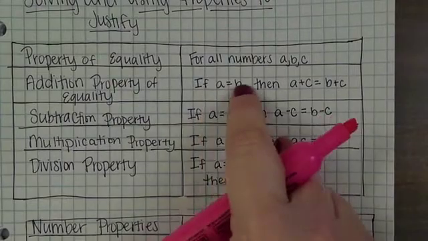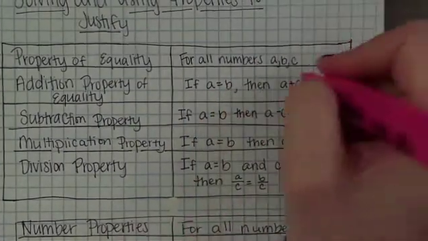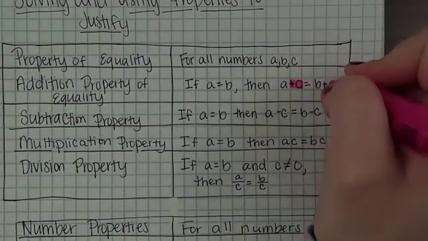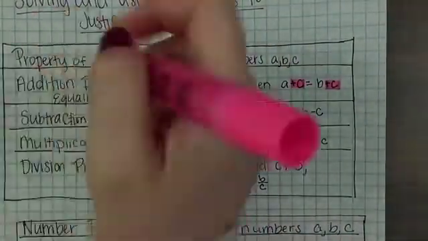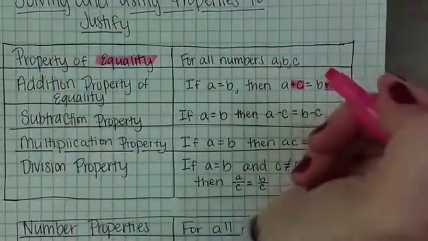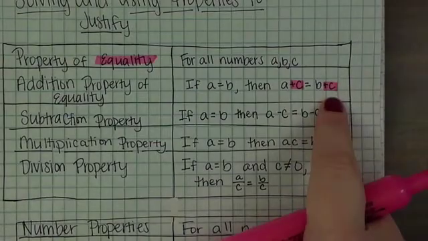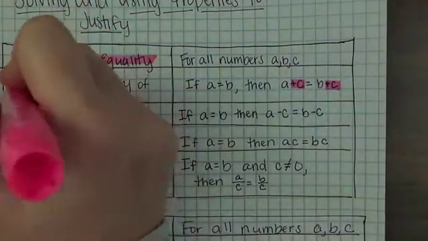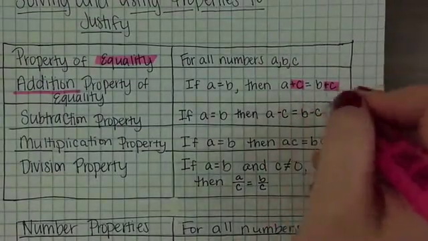If we have A equals B, and that's just anything equals anything, and you add a C to both sides, they still have that equality. They're still equal. Adding something to both sides does not change anything. So it's the addition property of equality, and we added.